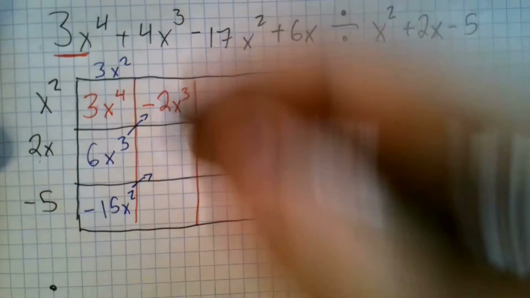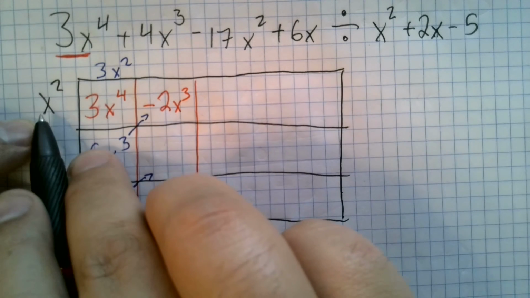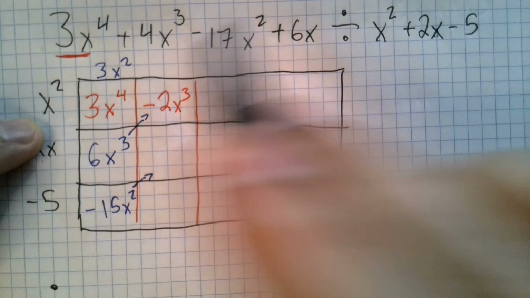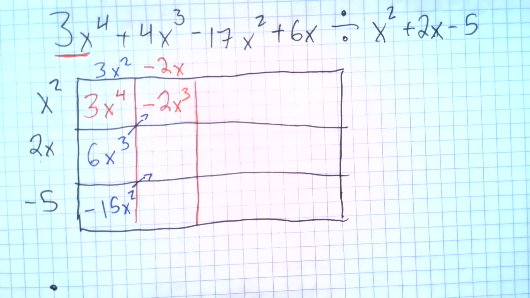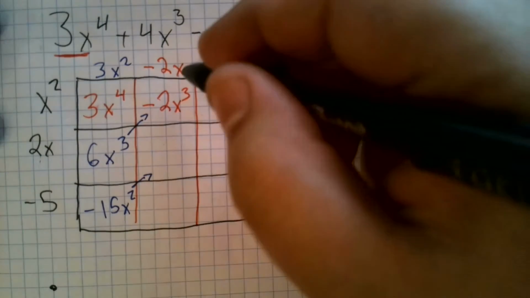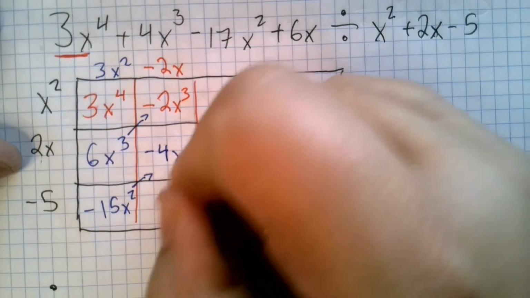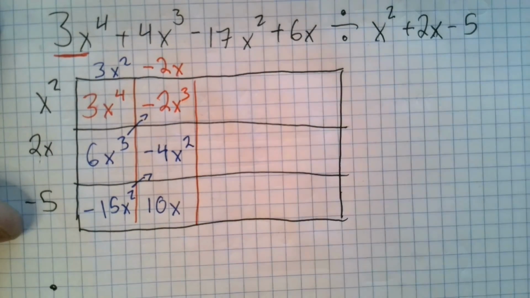So making a new column in my box, what do we multiply x squared by to get to negative 2x cubed? Negative 2x. Now that we know that, we go down the column, multiplying everything. Minus 4x squared, positive 10x.